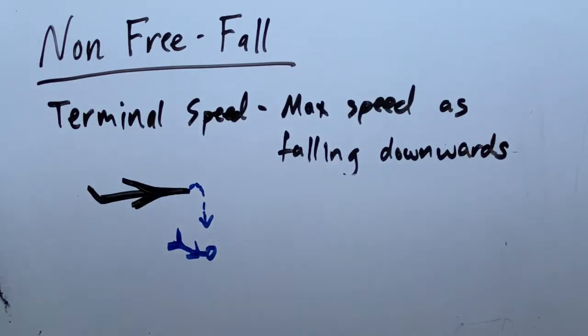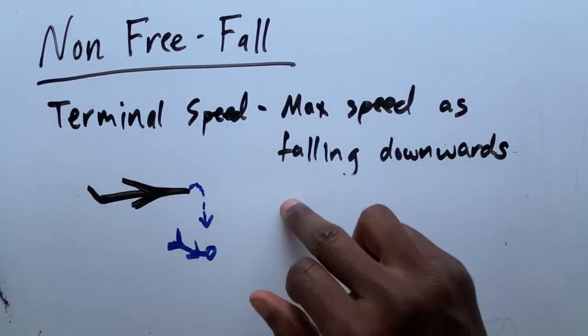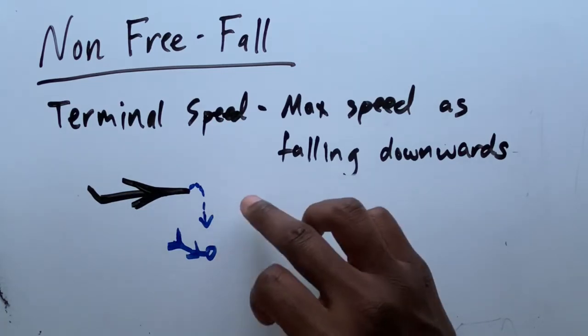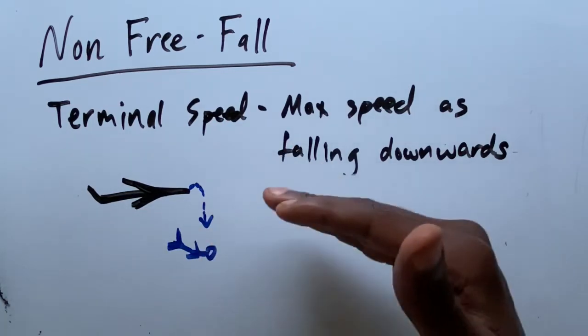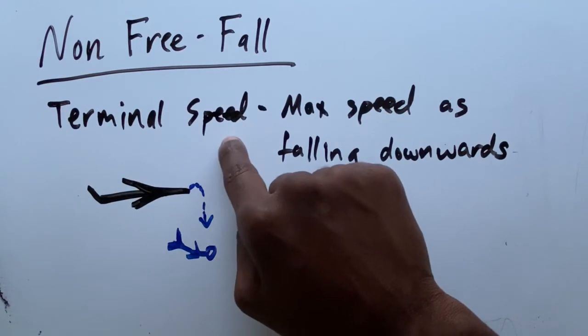Jump out of this airplane, you start to fall downwards. So what happens is you initially jump off the airplane and you're falling, and your velocity will actually increase as you fall downwards. But then you reach the point where you reach your terminal speed.